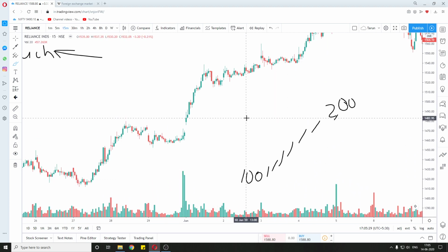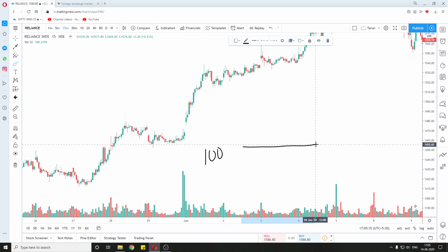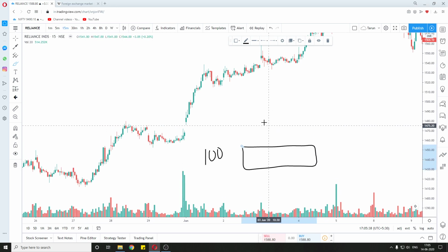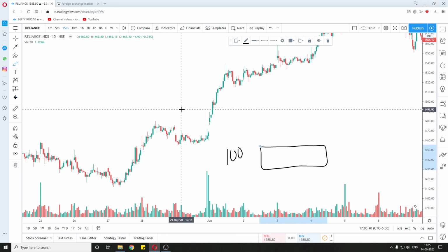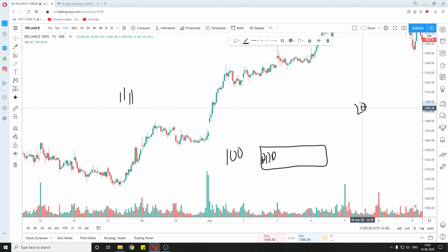So what these big banks do is start accumulating shares. They will take some time to accumulate, and they want to do this slowly so no one notices. The volume during this accumulation phase will be low, and we will see some small bars here and there. This is the 200 target.